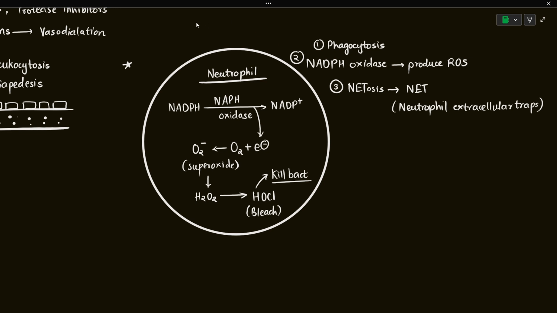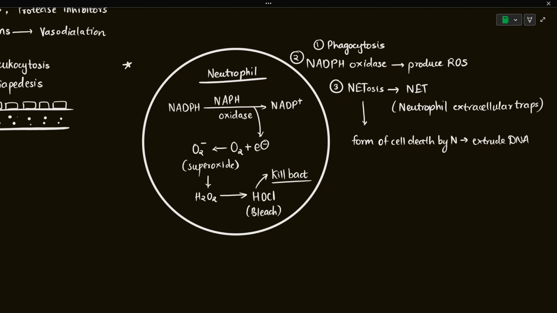So netosis is a form of cell death by neutrophils, which is going to result in extrusion of their DNA.